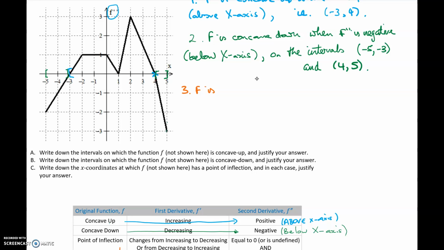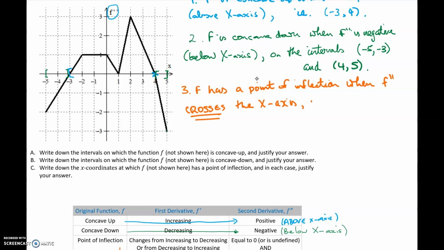So f has a point of inflection when f double prime crosses the x-axis, i.e. at x equals, it crosses the x-axis first right here at -3, and at x equals 4.